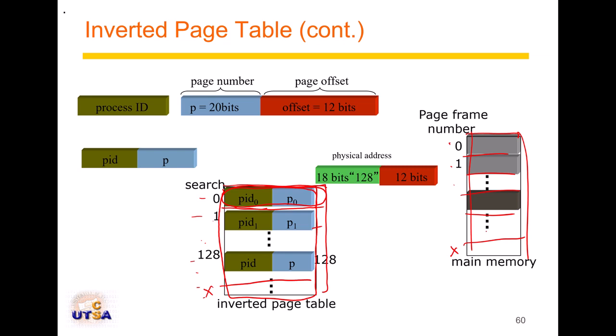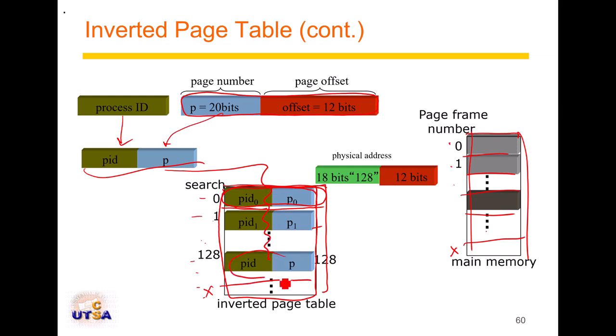And then when the process generates a logical address, which will probably consist of these bits of information, we're going to take the process ID and the P bits together, and then we will go and search through the table.